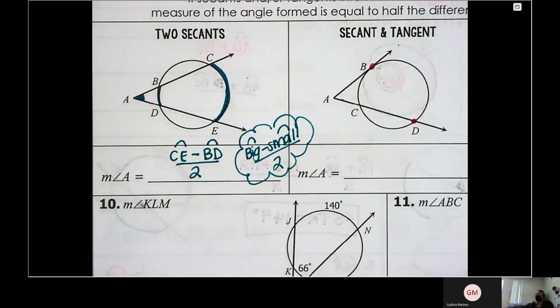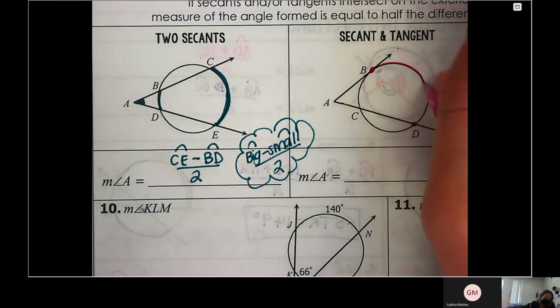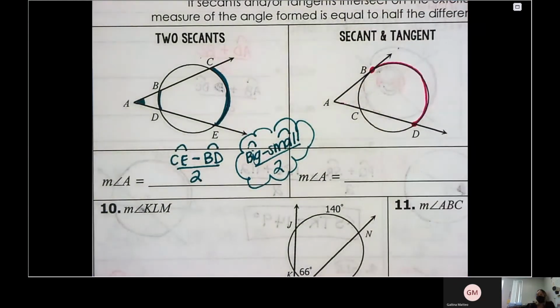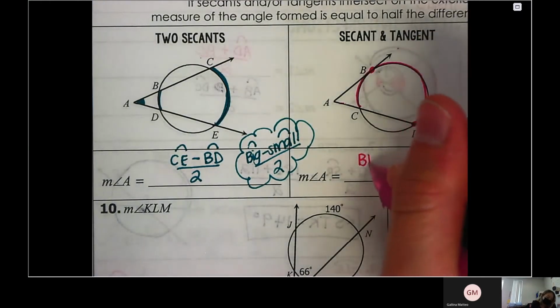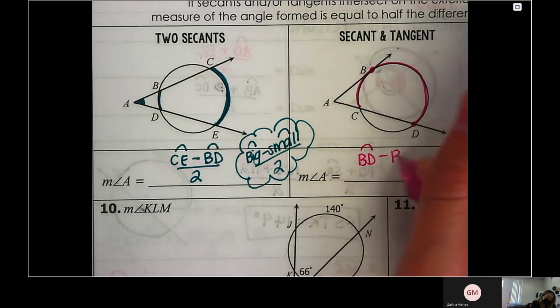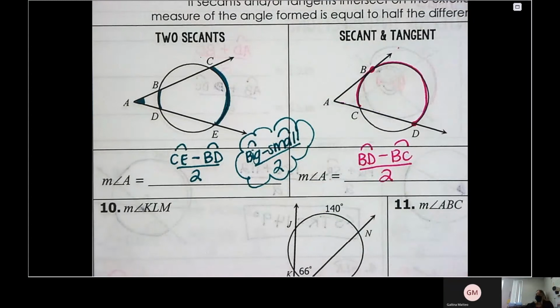What's the big arc, the name of it? BD is the big arc, minus, what's the small arc? BC on the interior. Yeah. So BD minus BC, and then divide by 2. Big arc minus the small arc.